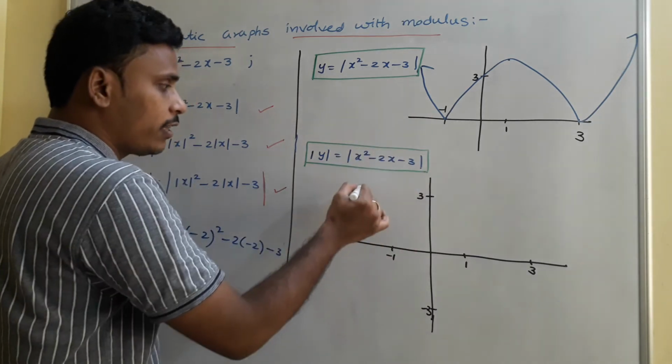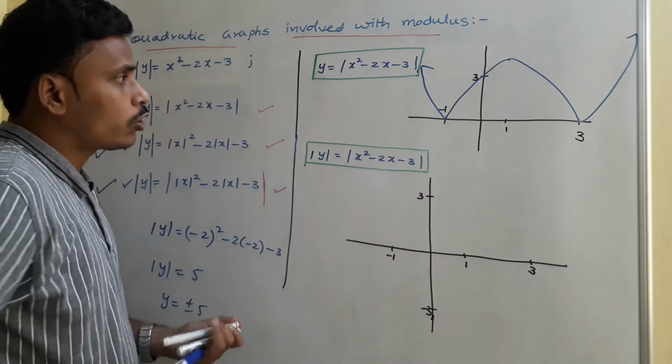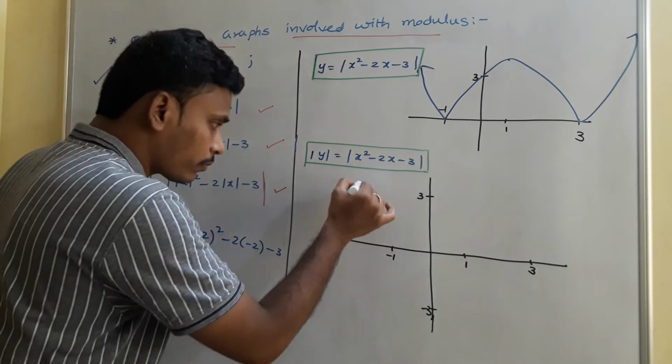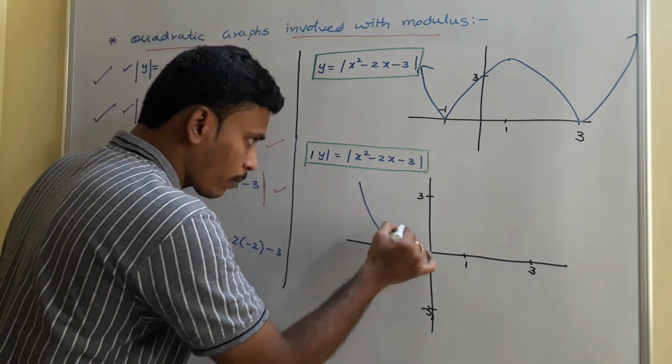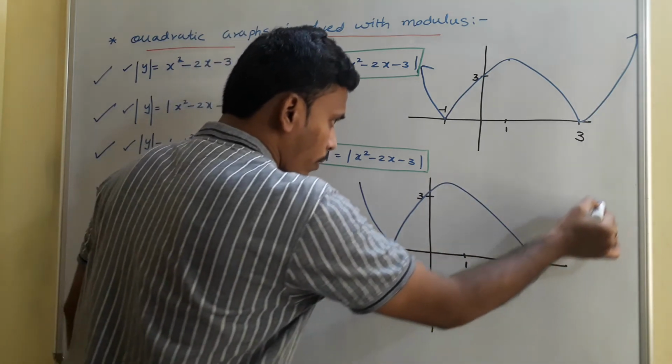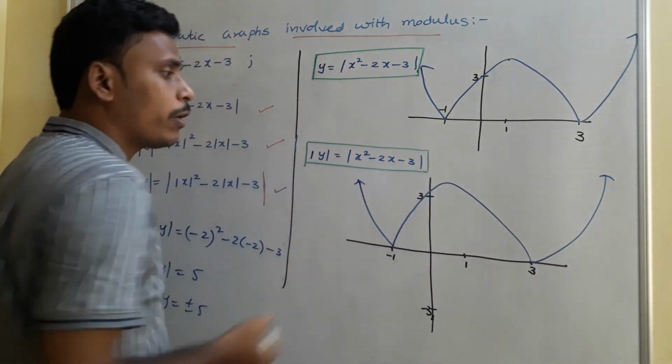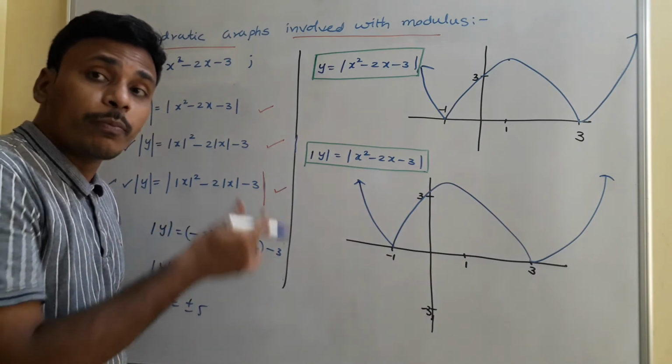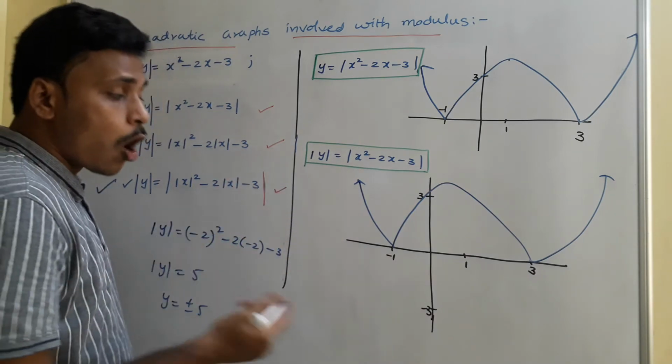First of all, I am repeating the positive region graph. Okay, so the positive region graph is this. Okay, this is the graph in the positive region. Now we need to repeat the same graph in the negative. How can we repeat?